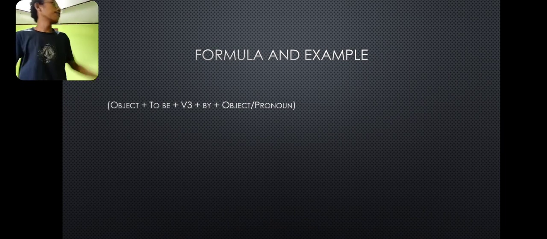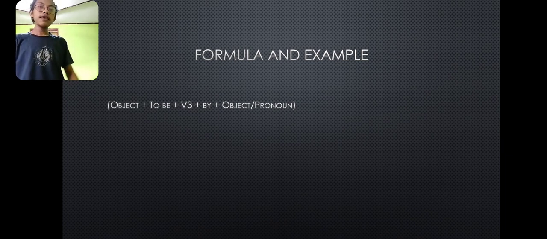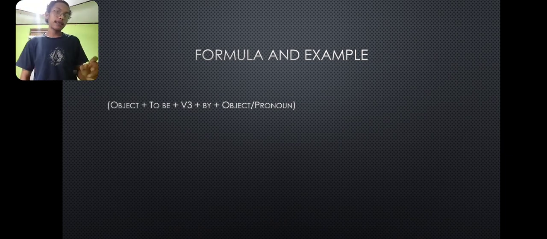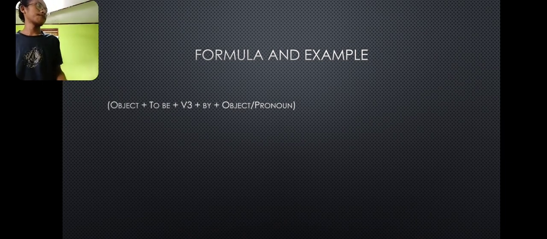For example, that's the school that I've gone to. Jadi tergantung daripada bentuk kalimatnya, depending on what form of the tenses that you want to use, it will change. For example, in present tense, it's am, is, or are; in the past, was or were; or in the future, shall or will, right?